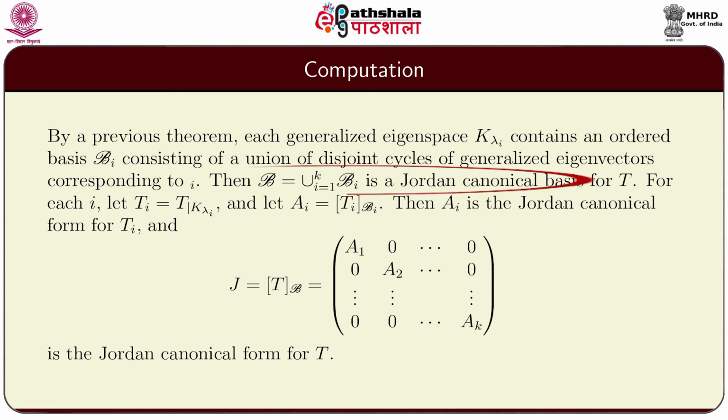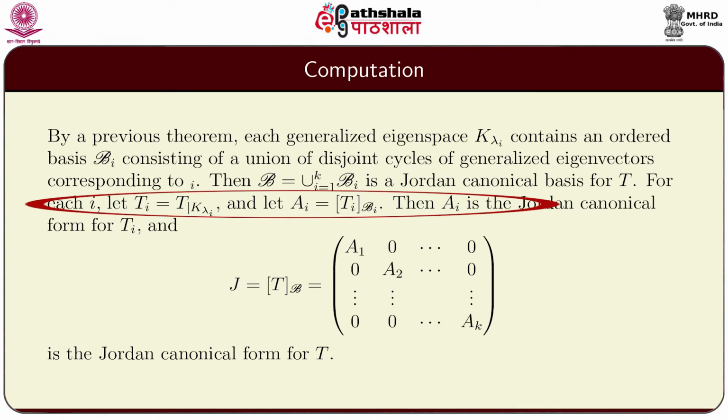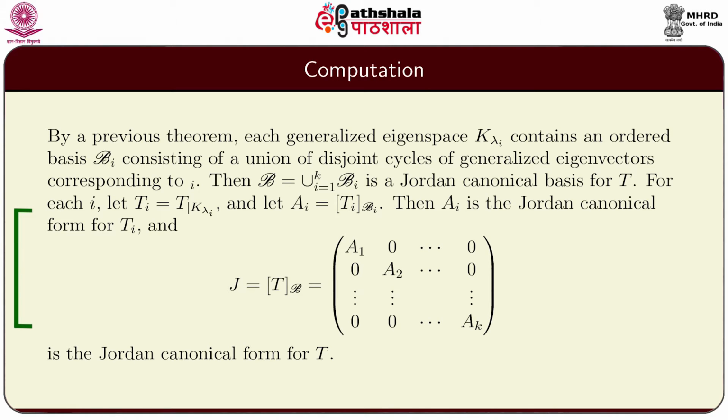Then B, which is the union of these B_i's, is a Jordan canonical basis for T. Now, for each i, if T_i denotes the restriction of the operator T on K_λi, and if A_i denotes the matrix representation of T_i with respect to B_i, then A_i is the Jordan canonical form for the operator T_i, and when we put these A_i's into block form, then J, the matrix representation of T with respect to B, is the Jordan canonical form for T.